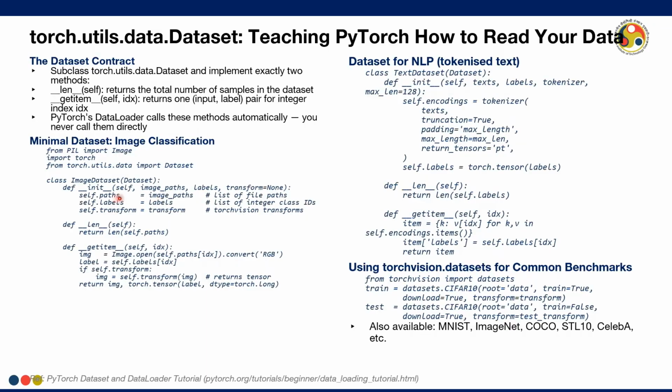Here the init method will list the file paths, get the list of integer class IDs, and then the transformation will happen. These are the standard tasks we do in the init method, and len and get item will be called automatically when we prepare or process the data loader.